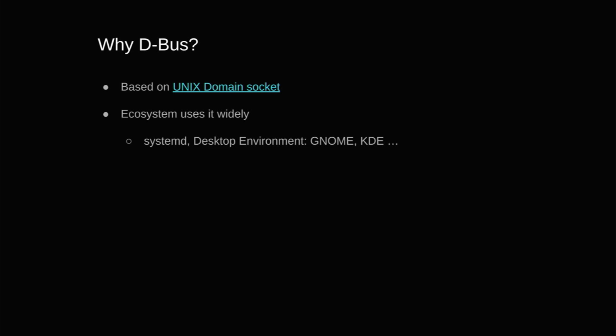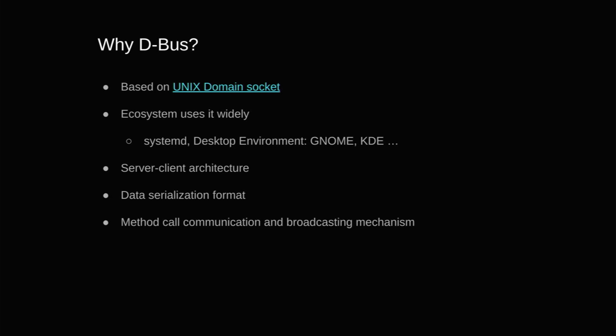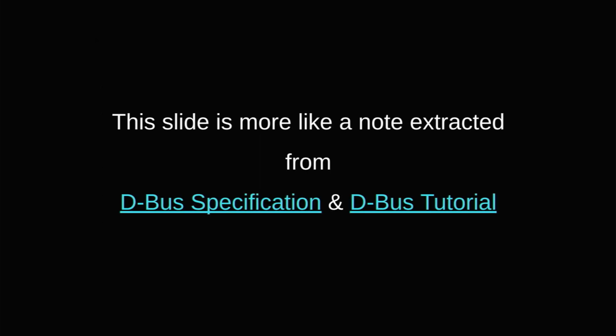Because you breathe it every moment but you never notice it, which means you use D-Bus almost everywhere if you use a desktop environment. And it uses a server-client architecture, and it already defines the data serialization format. And it provides method call communications and a broadcasting mechanism.